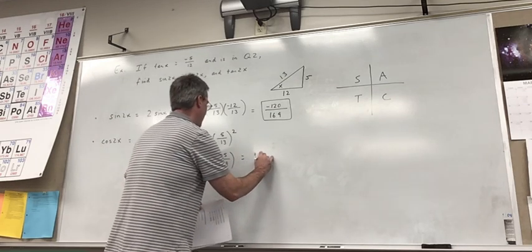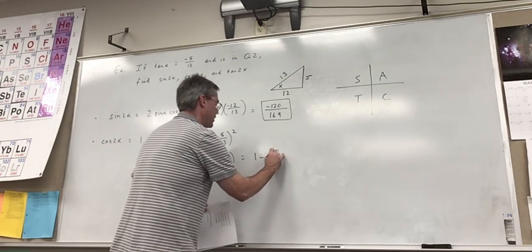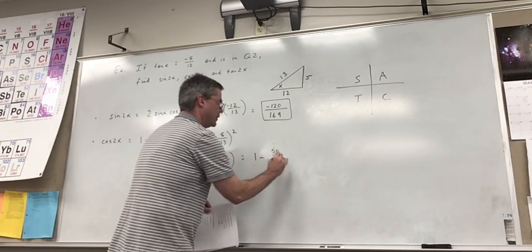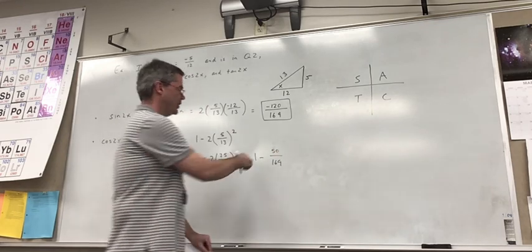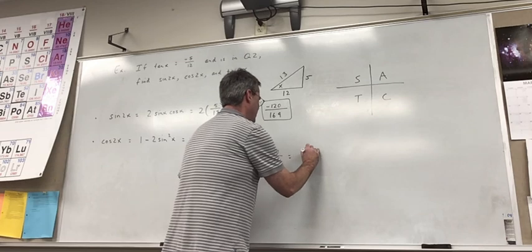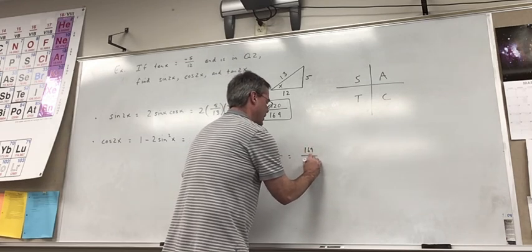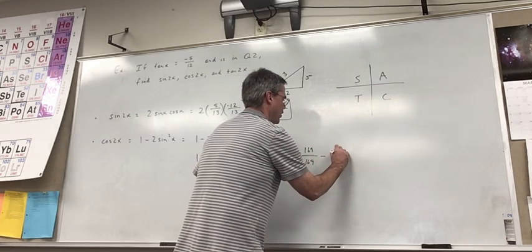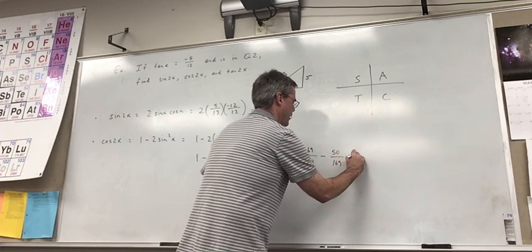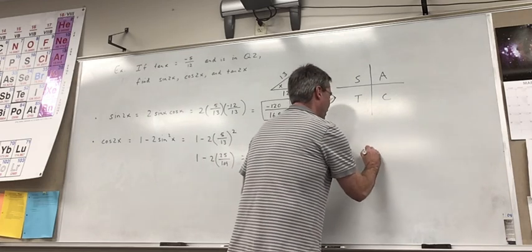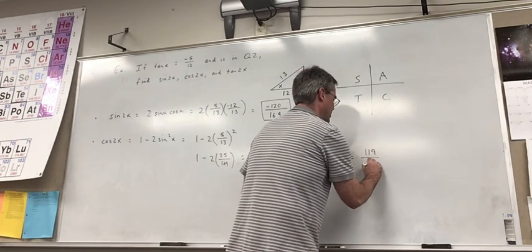This would be 1 minus 50 over 169. I'm going to put the 1 as 169 over 169 minus 50 over 169. And that's going to be 119 over 169.